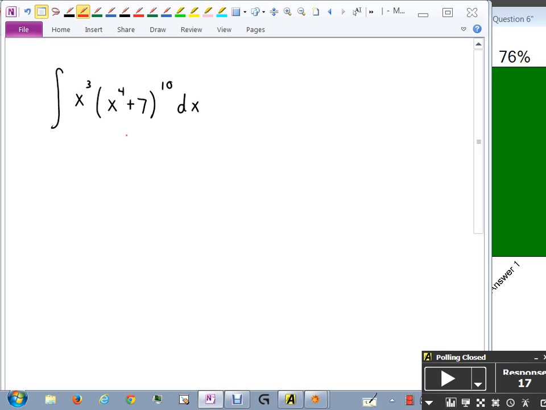So here we go. What do you got? How about power rule? I could multiply this out. I could multiply (x^4 + 7) to the 10th power, do 10 of them, multiply them all out, and then distribute an x cubed through and do power rule on each one.